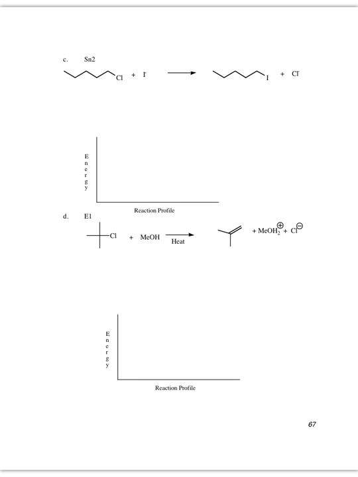The next page, we have the SN2 mechanism, where the iodide comes in, kicks off the chlorine all in one step. So the reaction profile diagram is a lot like the E2.